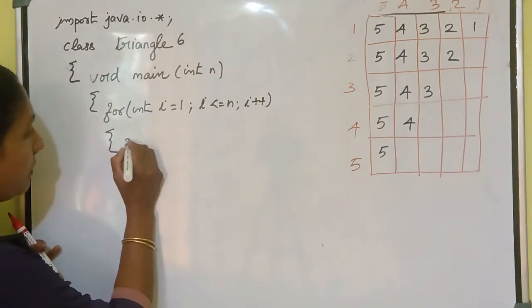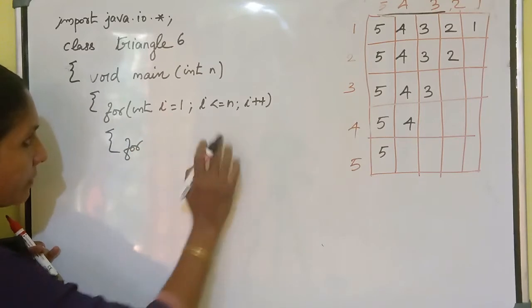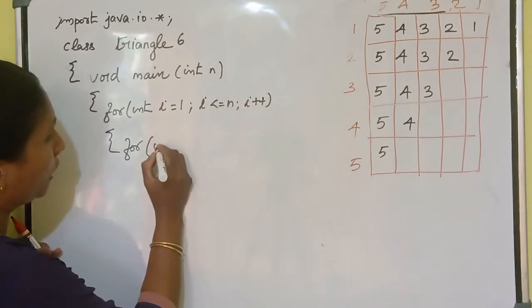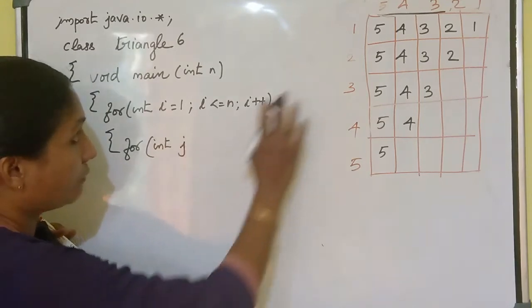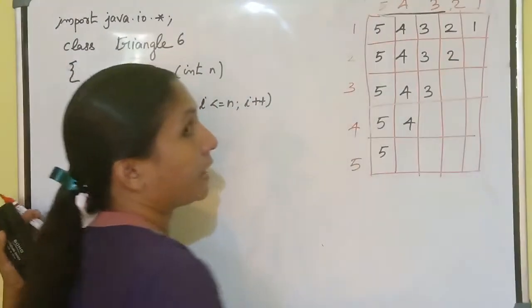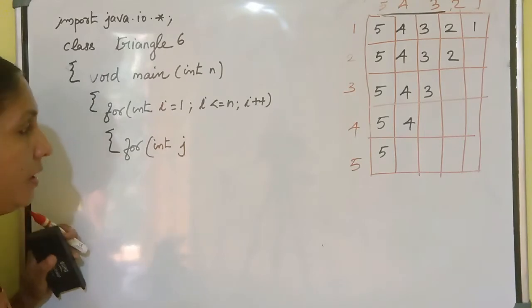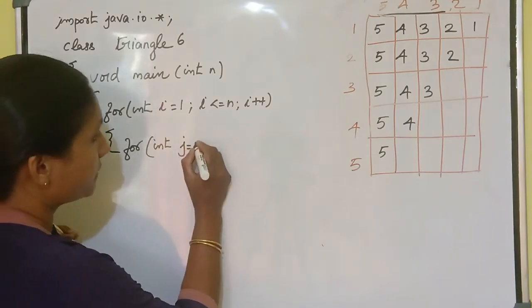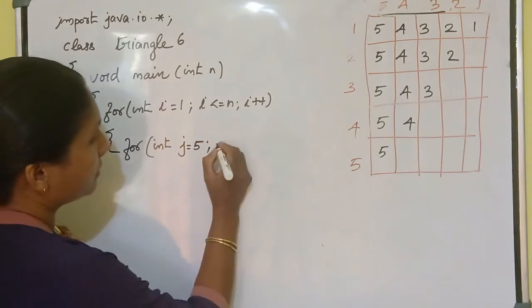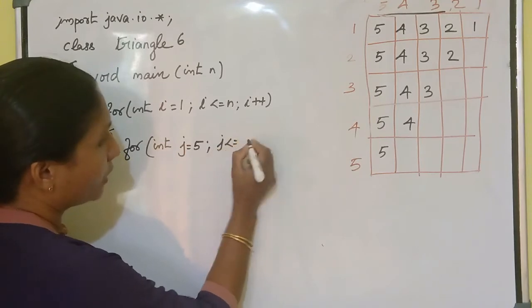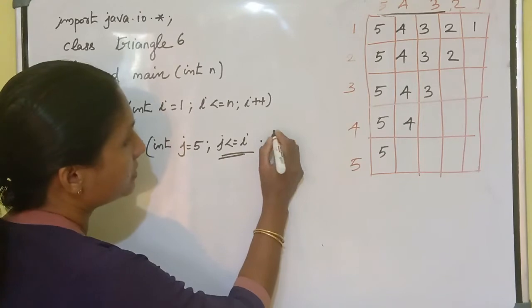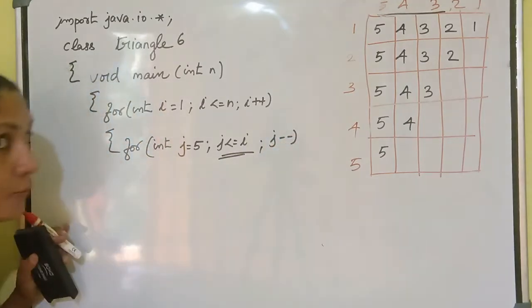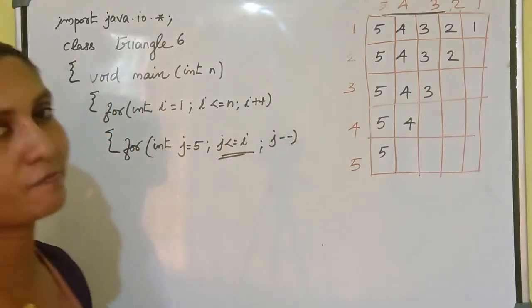But here the next loop represents the column number. Then how can you give the values here? See, if j starts from 1, we cannot print the column values there. Then how can you start? j starts from 5 and j less than or equal to i. This is the limit of the triangle loop. Then j minus minus. If you do like this, we can easily print these values.